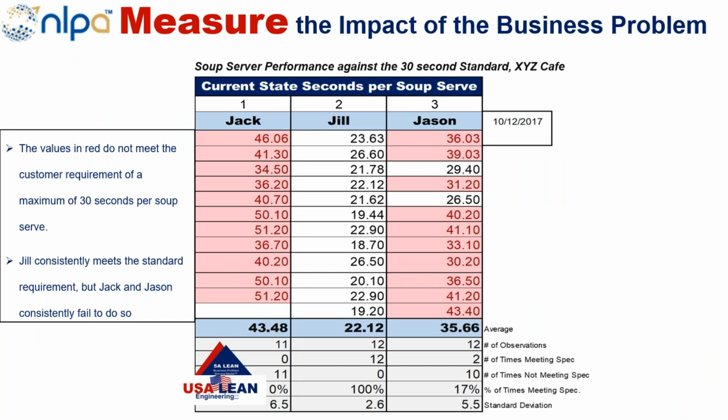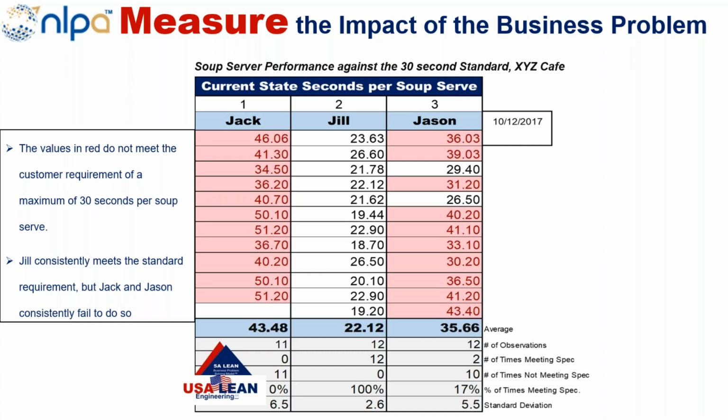So again, here, time studies, understanding time and motion analysis. In this case, this is a service environment. Well, it's a supply chain that has service components. And as I mentioned before, the service time specification was no more than 30 seconds.